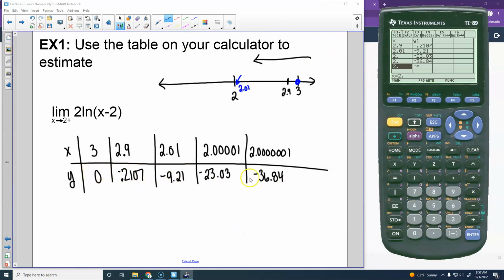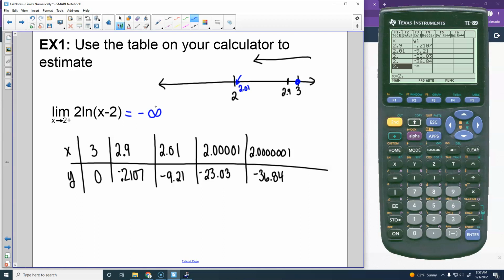But if we look at what's happening here, these numbers just seem to be getting more and more negative, right? So we could infer that it is likely that this equals negative infinity. Now, it is possible that this would stop at negative 40, and negative 40 would be your limit. That's possible.